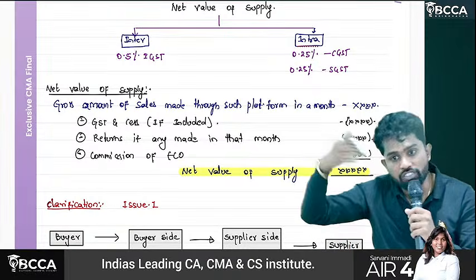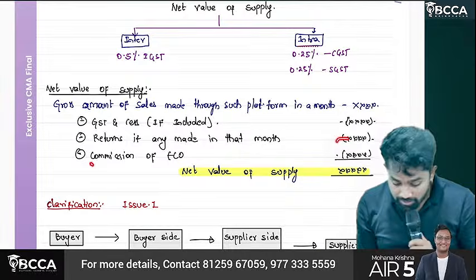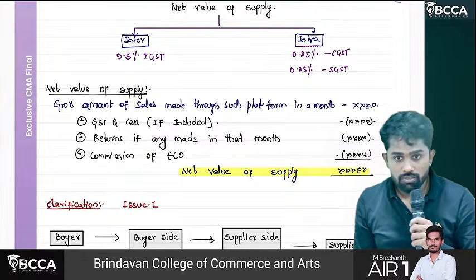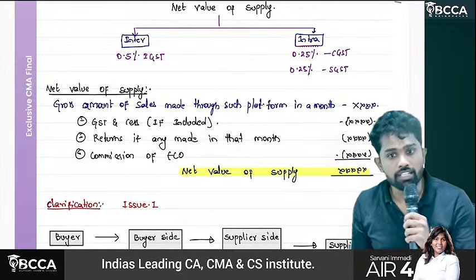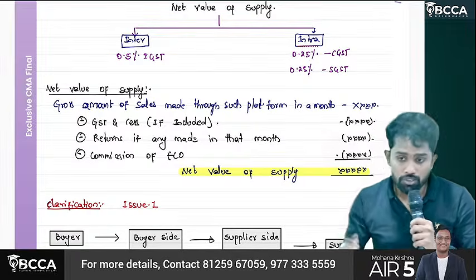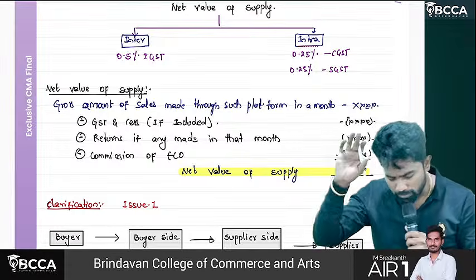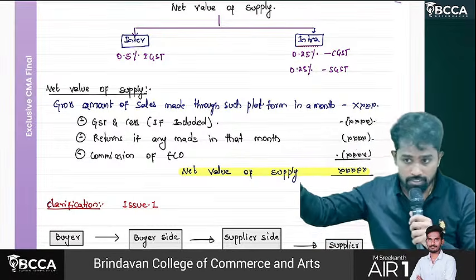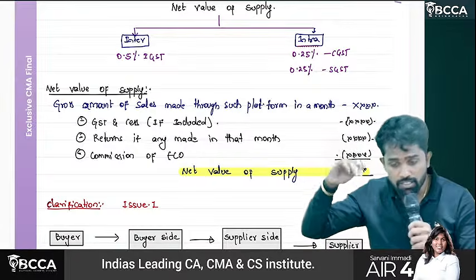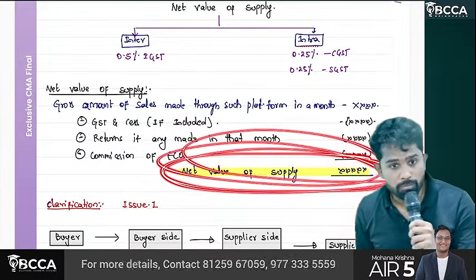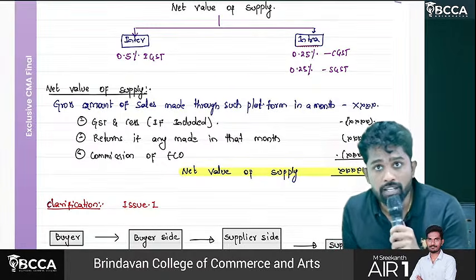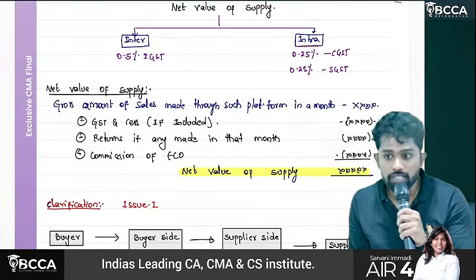Now from 30, what do we have to do? Subtract 5 lakhs. Then the commission of ECO. Let's say Amazon is taking 1% commission. 30 lakhs into 1%, some 30,000. So now subtract that 30,000 also. From 30 lakhs, if any GST element is there, subtract. Returns are there, subtract. ECO commission is there, subtract. Then that is called the net value of supply. On that net value of supply, TCS has to be collected.